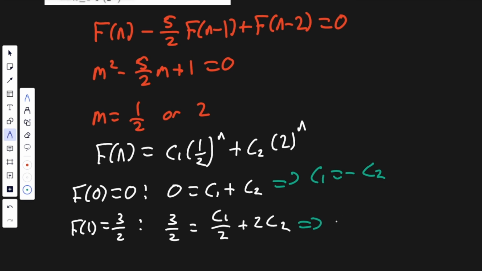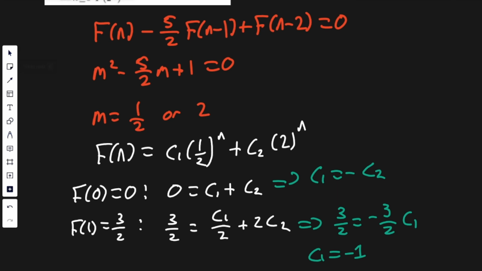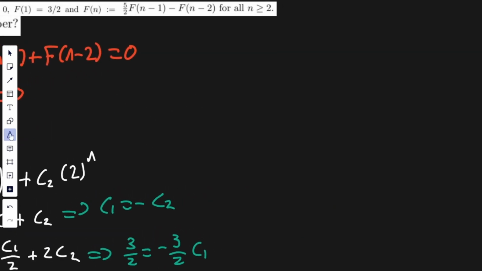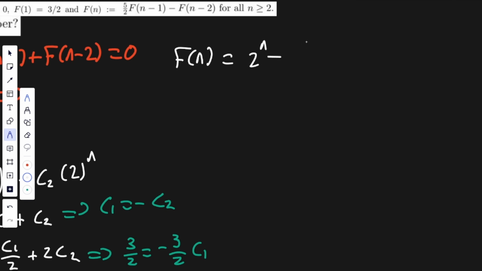That tells us that 3 over 2 equals minus 3 over 2 c1, and so c1 is equal to minus 1. And hence c2 is equal to 1. That's quite nice, because what we've been able to do then is show that f of n is equal to 2 to the n minus 1 over 2 to the n. Well, I've just rearranged a half to the n as 1 over 2 to the n instead.